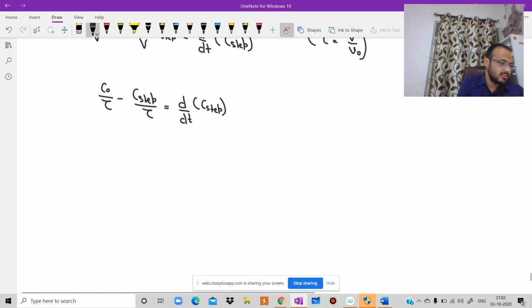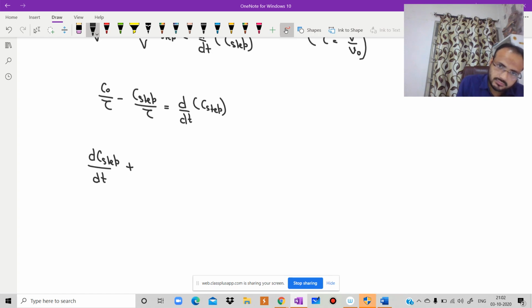Now we will solve this equation. If we solve this equation, can you write it like this: dC step by dt plus C step by tau is equal to C node by tau.